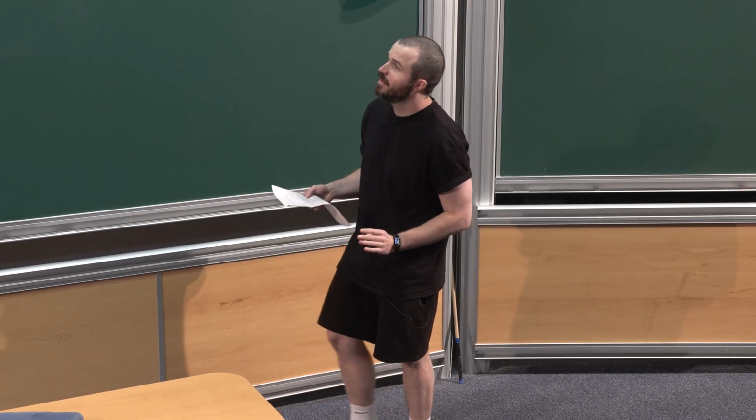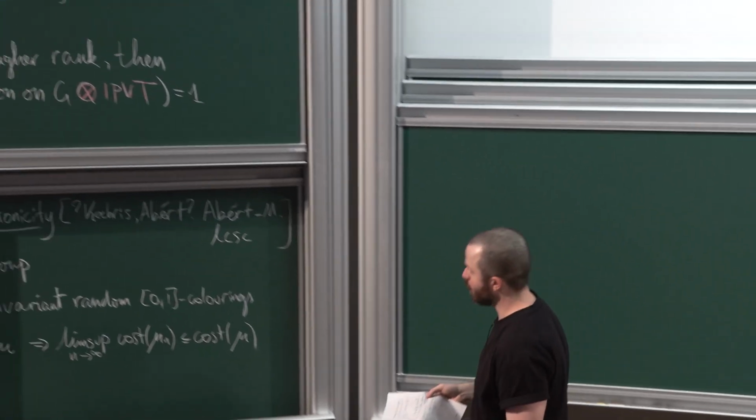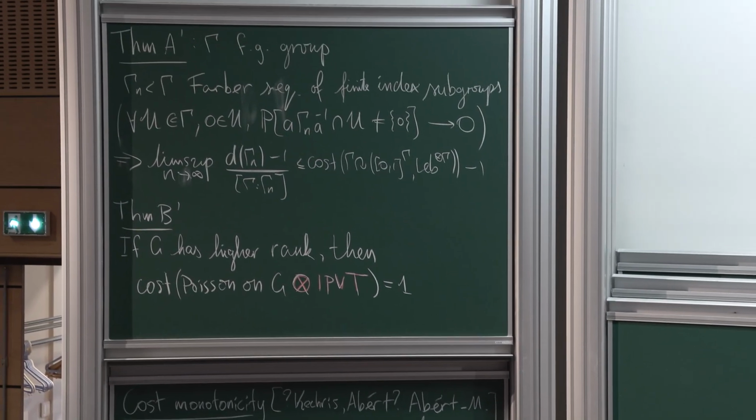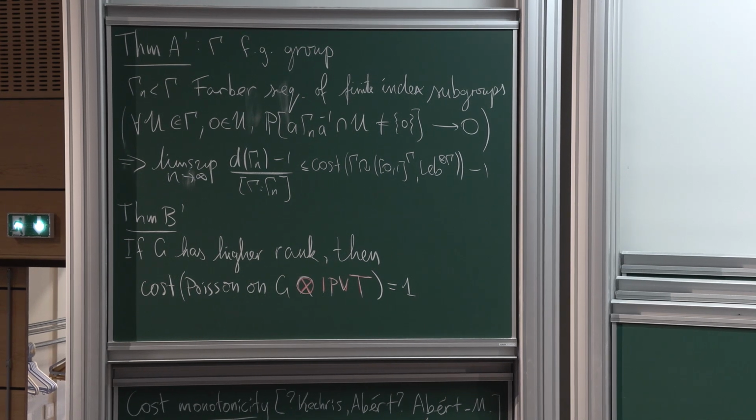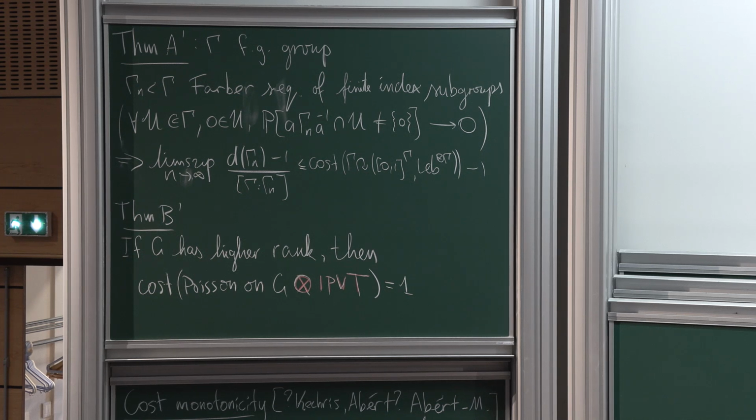Yeah, so here is the theorem, and this is the theorem that I will prove today. So I won't repeat the statement. It's the same statement as yesterday. I've added the definition of the notion of Faber. I will remind you of this notion when the time is right.